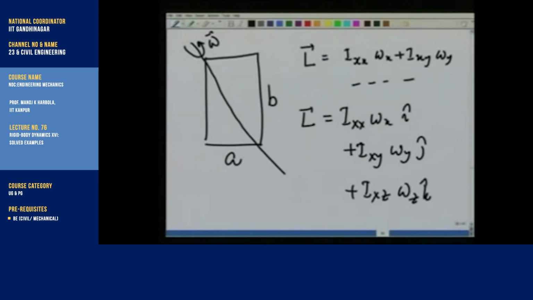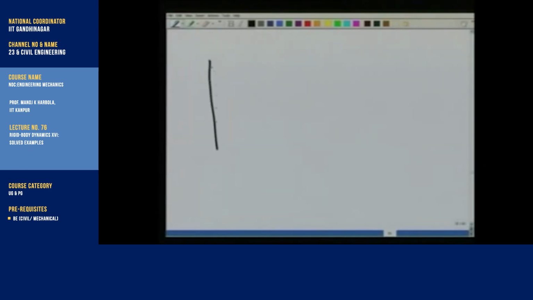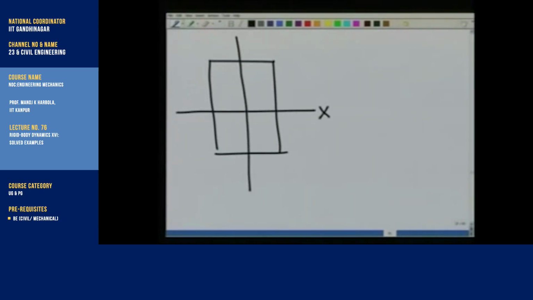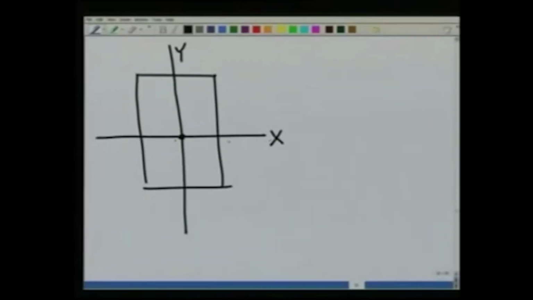Now, again I will leave it as an exercise for you to show that for a rectangle the principal set of axes are these. Let us call this the x axis, this the y axis. If I take the center as the origin, x axis is this, y axis is this way, and z axis is obviously coming out. This length is b, this length is a.